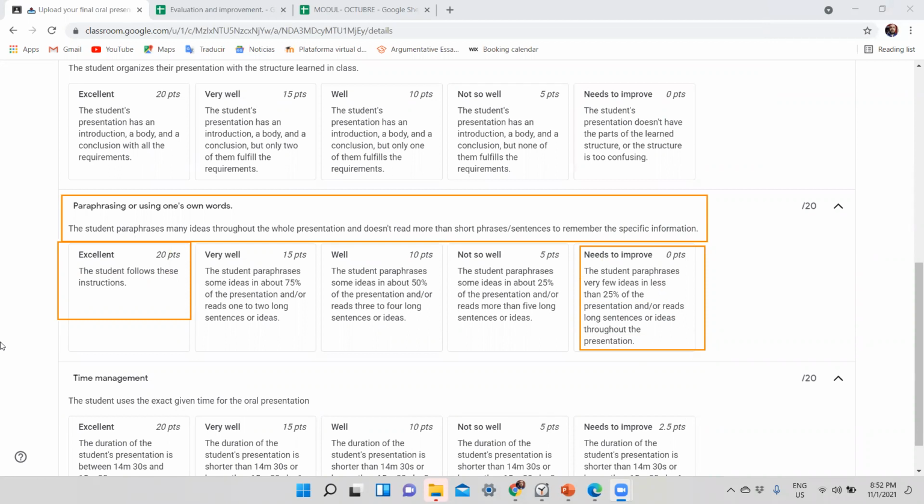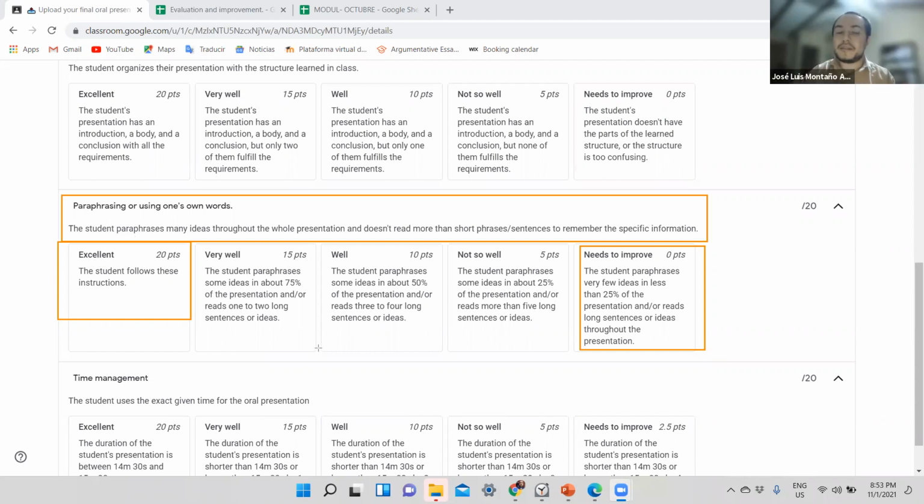Excellent. The student follows these instructions and needs to improve. The student paraphrases very few ideas, in less than 25% of the presentation, and or reads long sentences or ideas throughout the presentation. Okay, thank you very much, Melanie.